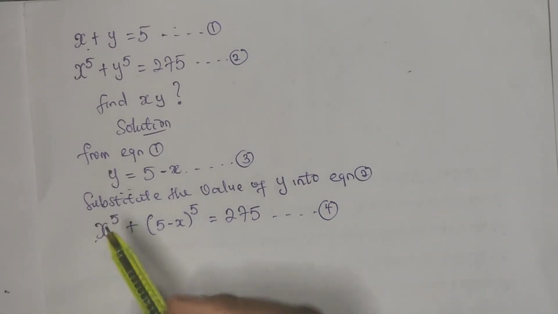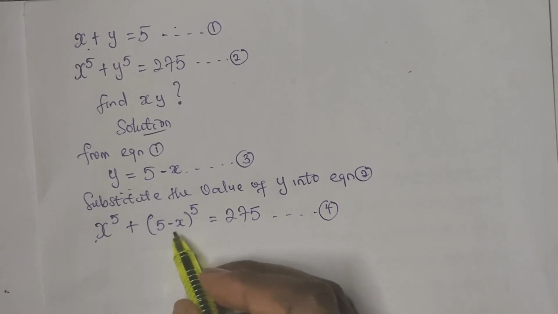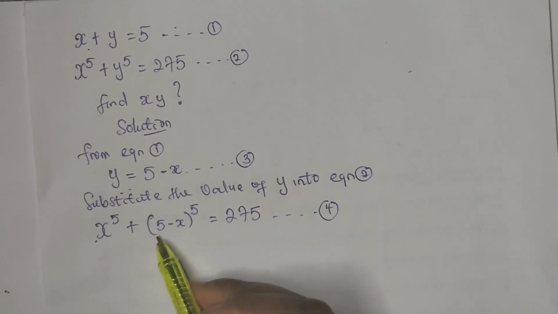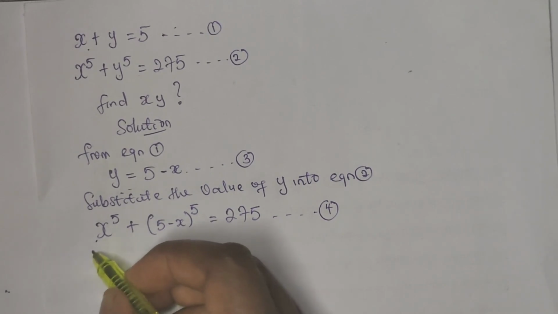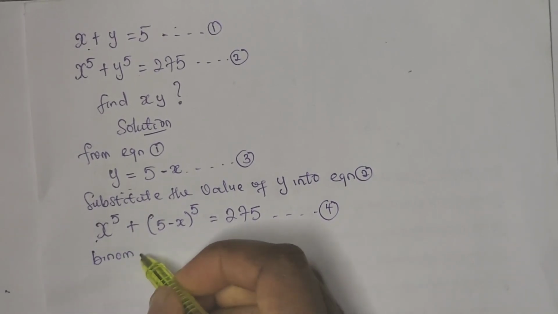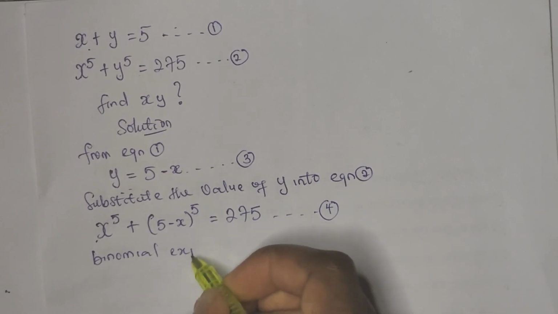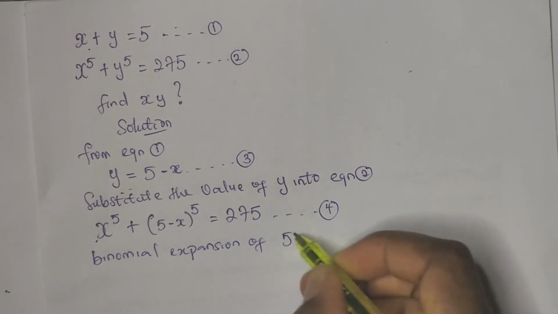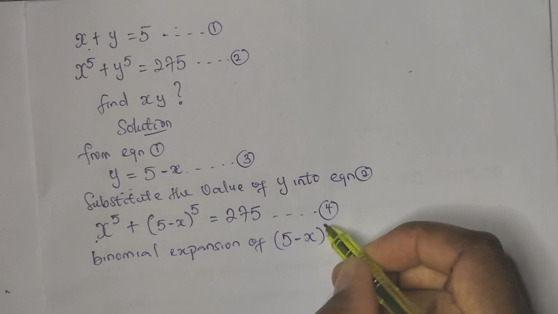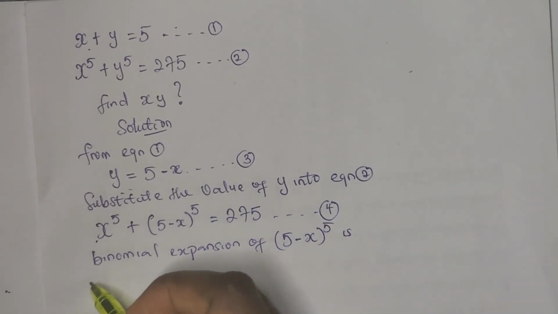But then from here, this is a binomial expression, a polynomial expression, and its expansion, binomial expansion of 5 minus x all to the power of 5.